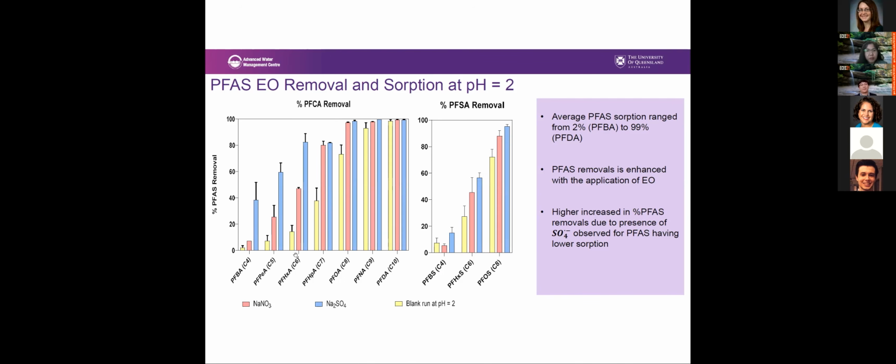At the same time, you can see that for those PFAS which have lower sorption, where a lot of PFAS remain in the bulk solution, those are the PFAS compounds where we see higher enhancement with the presence of sulfate radicals. The same can be said for the long chain PFSAs, which, in general, adsorb less compared to the PFCAs.